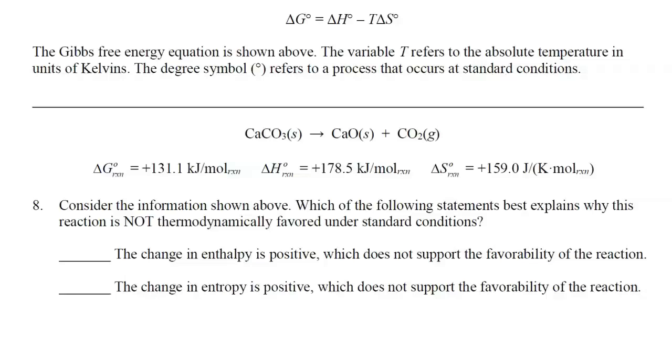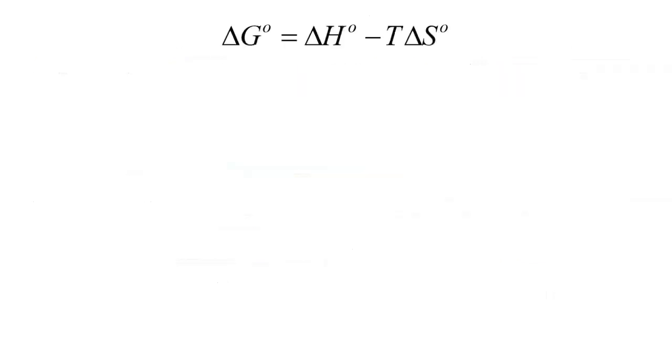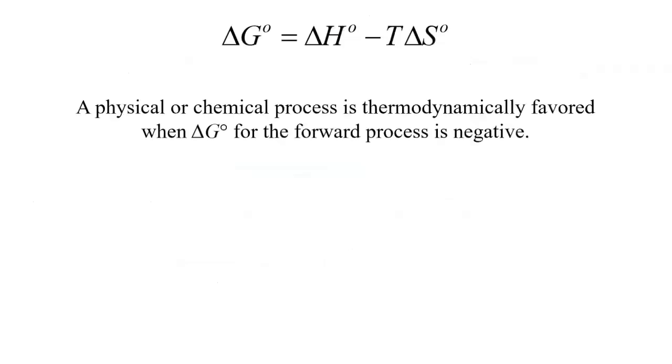So as we process the Gibbs free energy equation, we know that a physical or chemical process is thermodynamically favored when delta G for the forward process is negative. So what values for delta H and delta S would make the sign of delta G negative?